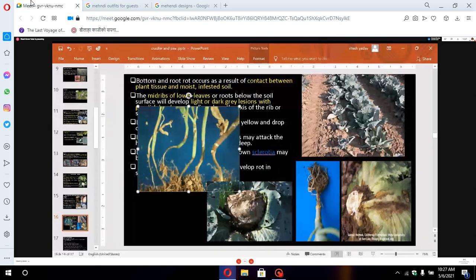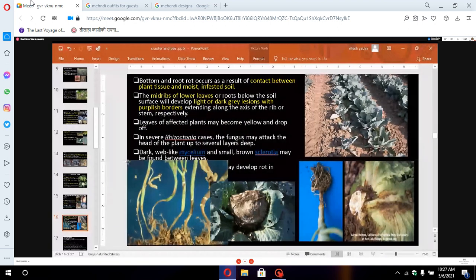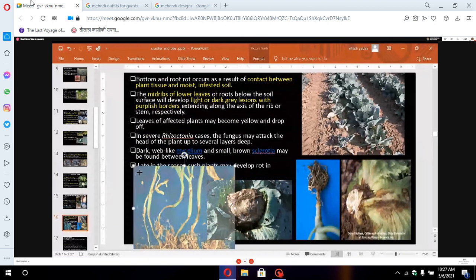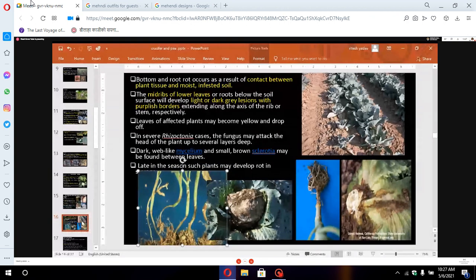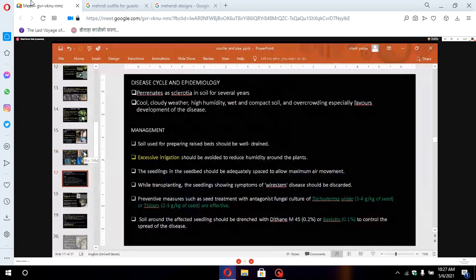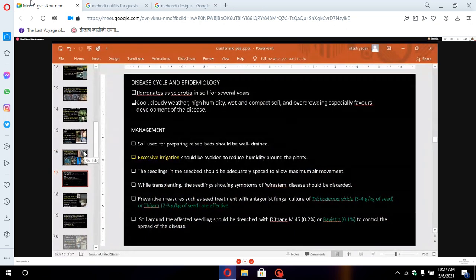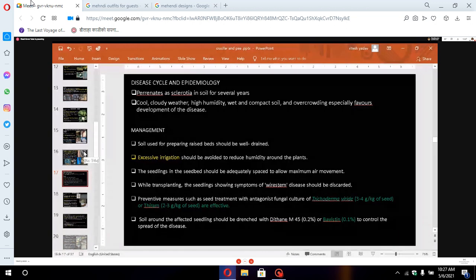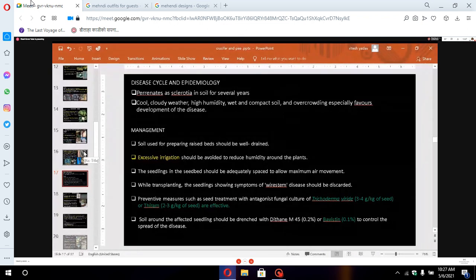That's why they are known as wire stem. And sometimes when infection takes place very late, in case of rhizoctonia infection, head rot, bottom rot, or wire stem, post-harvest infection can be seen. During storage infections can be seen.